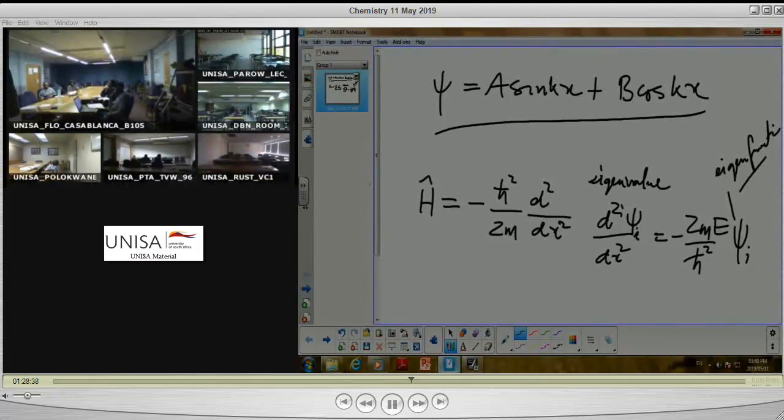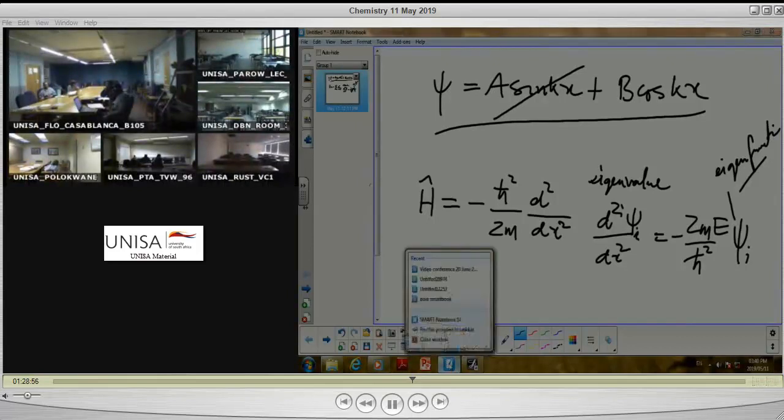It just doesn't work. In fact, you realize that only the part on the right is an eigenfunction of this. Okay?